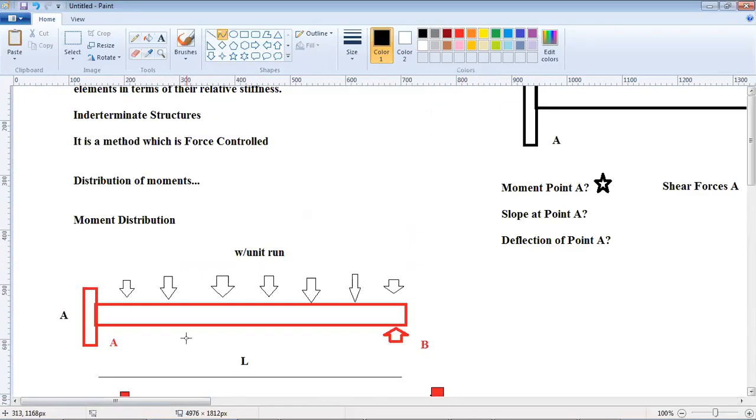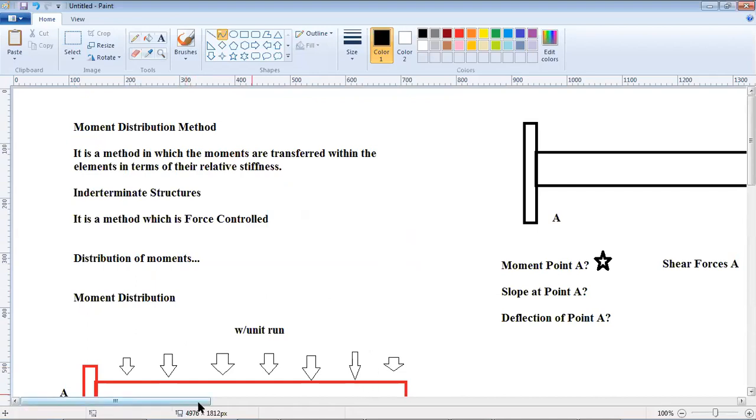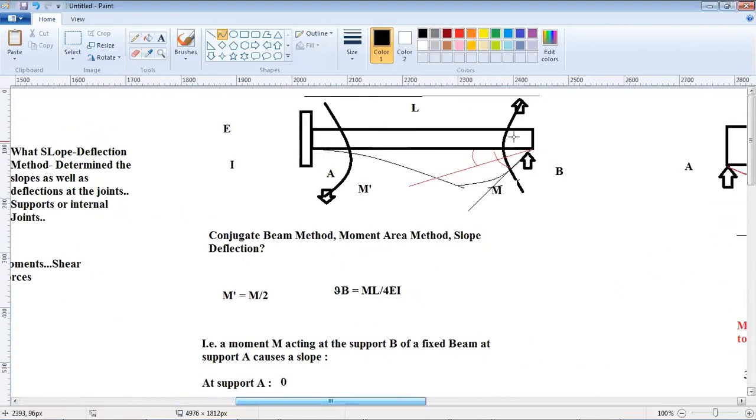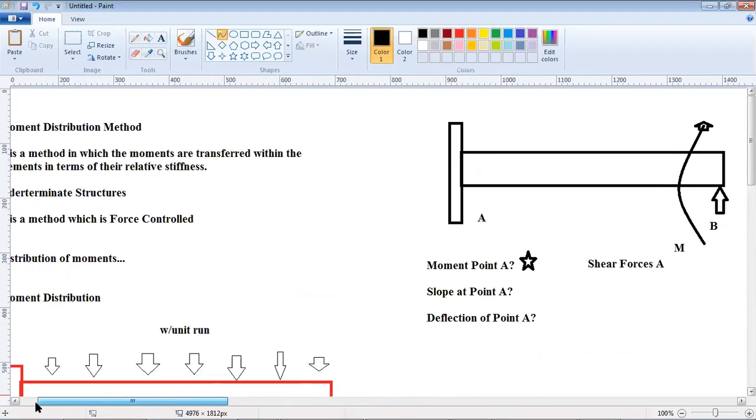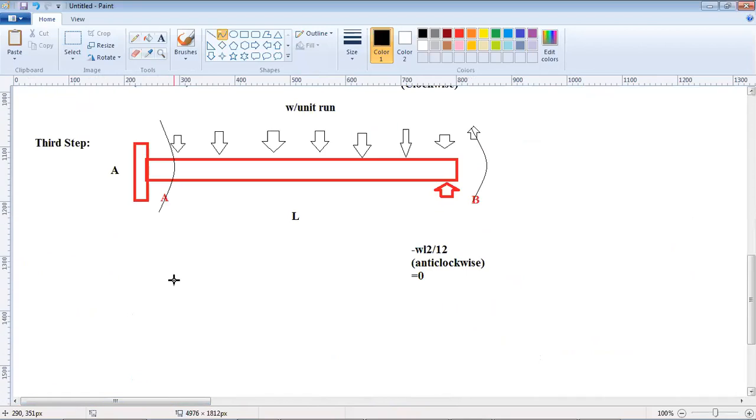Let me recollect. This was the question. If we applied moment M at B, the amount of moment that was transferred was M dash, equal to M by 2. So half the moment goes here. Now this is known as carry over.